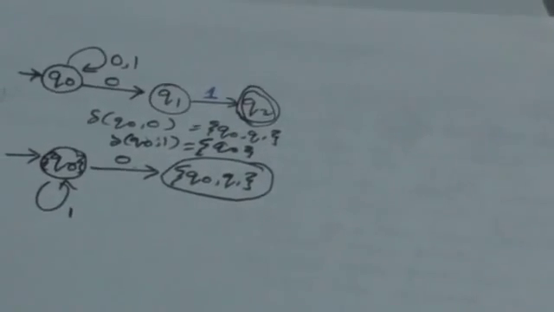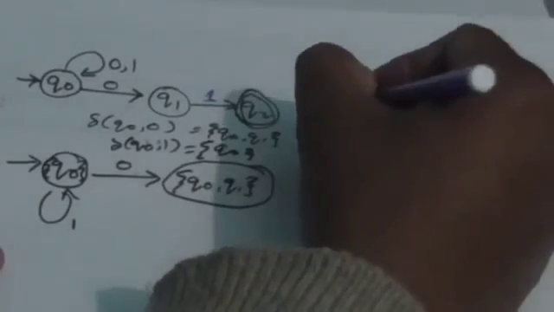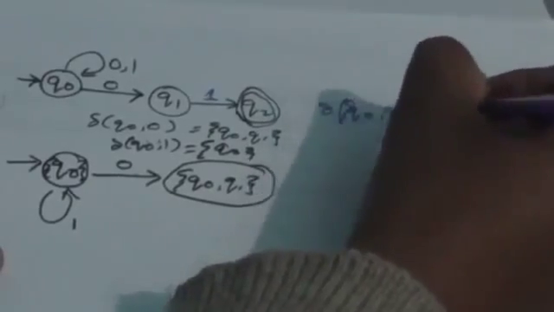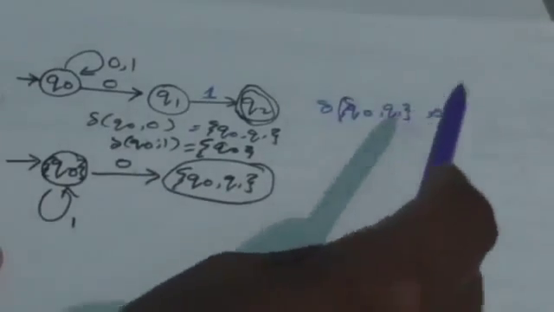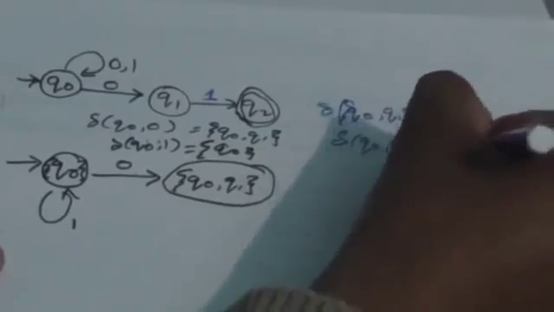First of all, find it for input symbol 0. Delta of set Q0, Q1 for input symbol 0, right? How could we find it? Apply this input symbol individually to each state of the set. That would be delta Q0 0 union delta Q1 0.